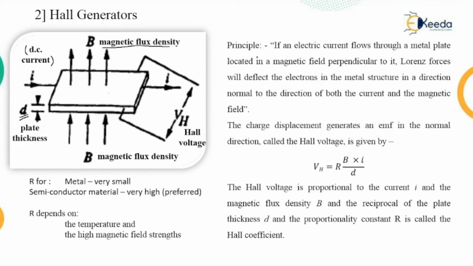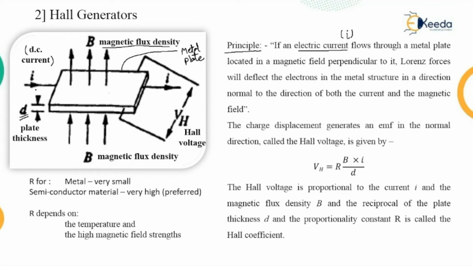Here, let us understand the principle of Hall effect first. As I explained already, if an electric current, small I, flows through a metal plate, that metal plate is already shown here, whose thickness is small d.